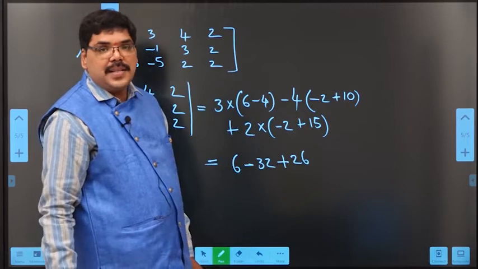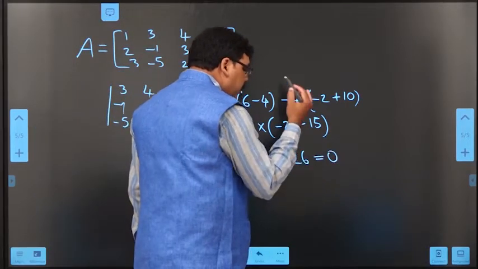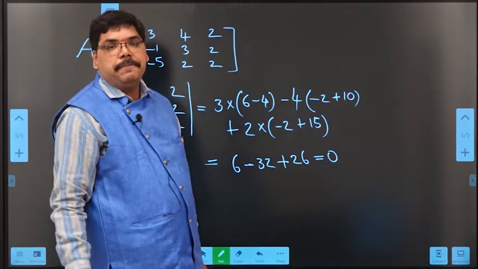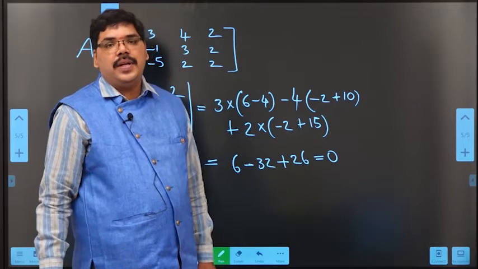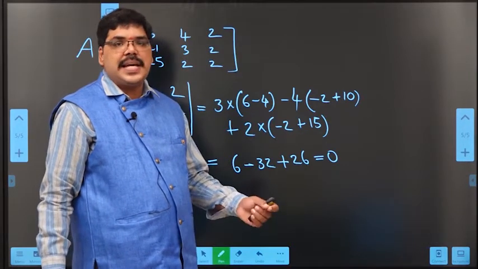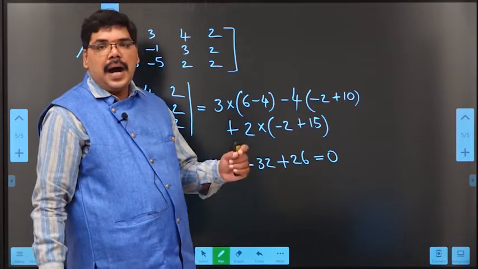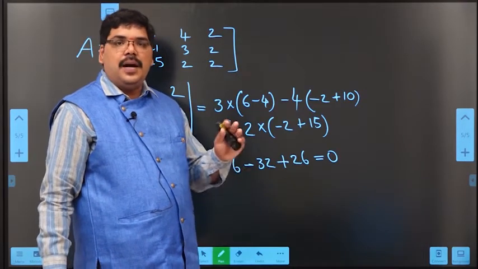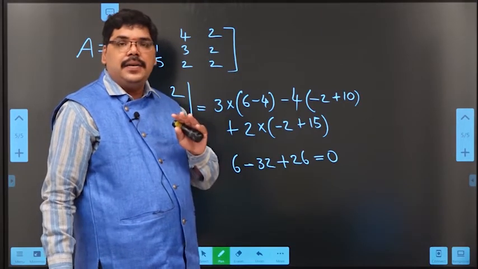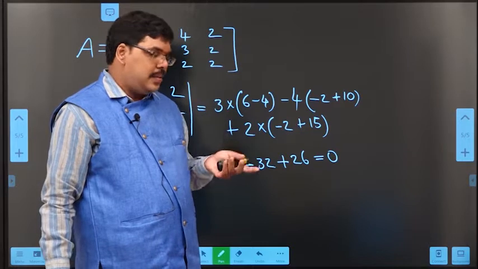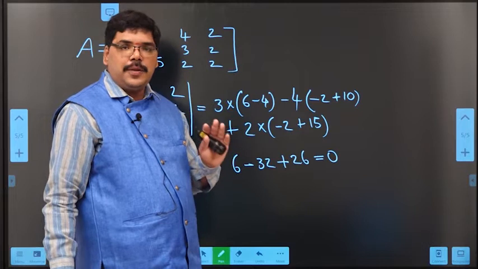So the end result is 0 again. Similarly, if you check, you will get the determinant of the remaining 3 by 3 submatrices becomes 0, which means all minors of order 3 are becoming 0. Therefore, the rank of the matrix is not equal to 3.